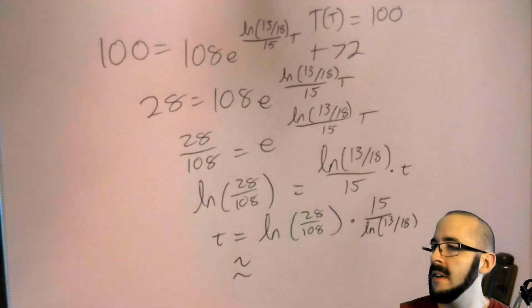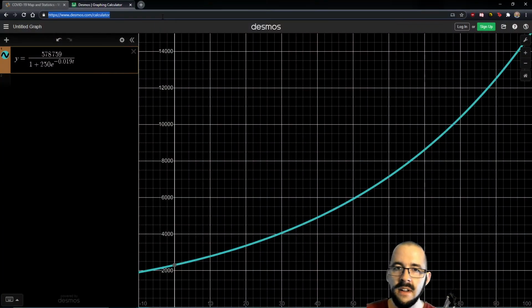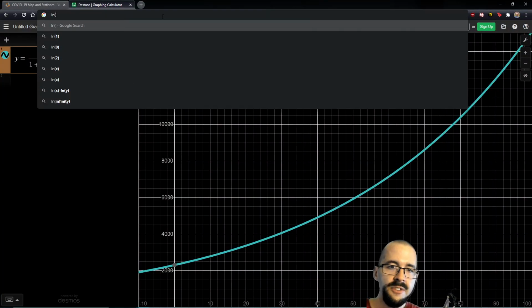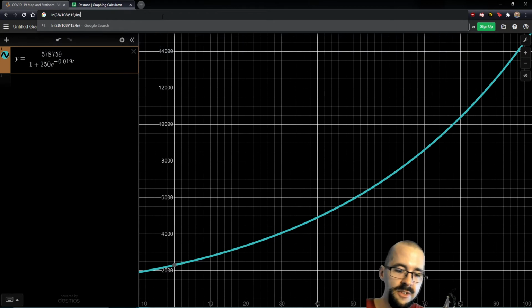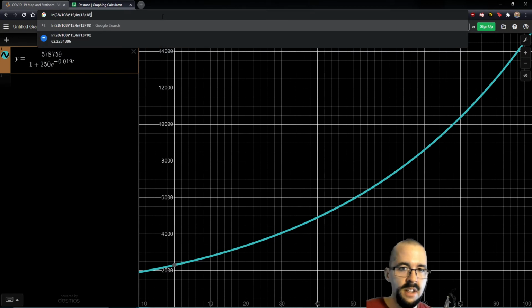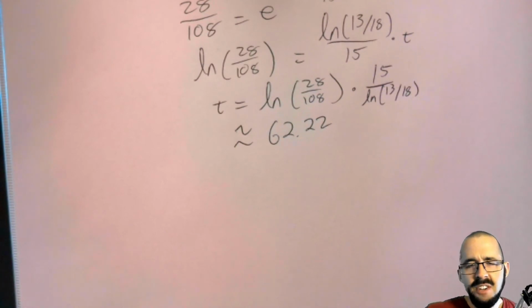So at this point, you're just going to evaluate it with a calculator. You're going to get the natural log of 28 over 108 times 15 divided by the natural log of 13 over 18, and you're going to get about 62.22. All right. And what are our units?